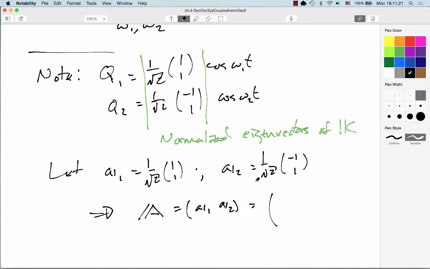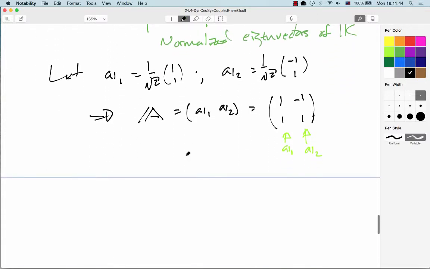So we go ahead and put in our A1 in the first column, 1, 1, put in our A2 in the second column, minus 1, 1. All right. So if you can guess the eigenvectors, that immediately allows you to diagonalize K and M. So here's an example of how you can do it.